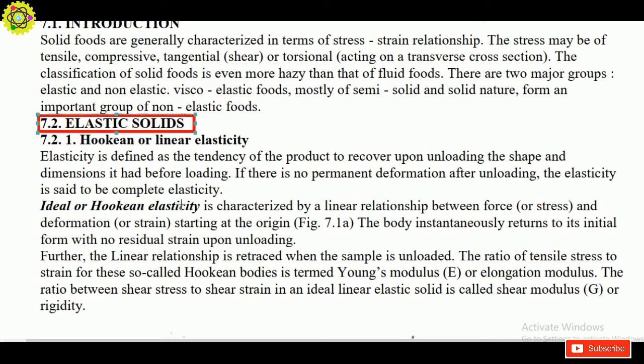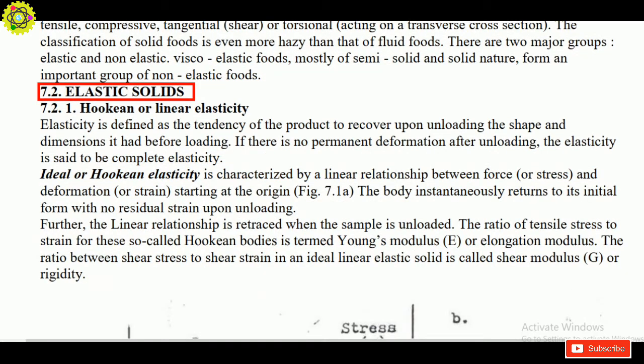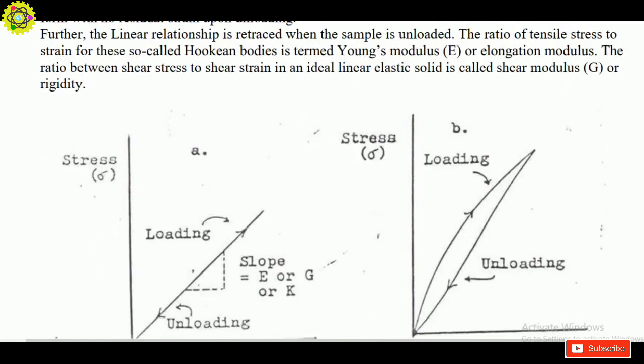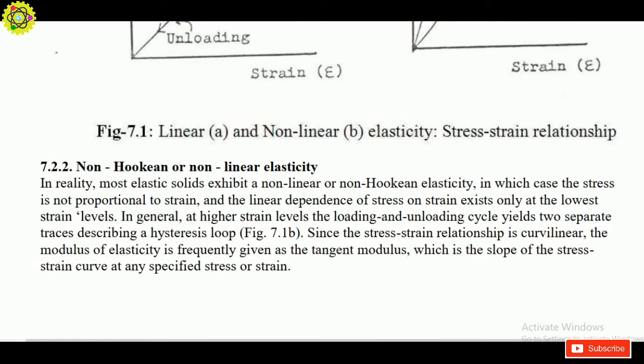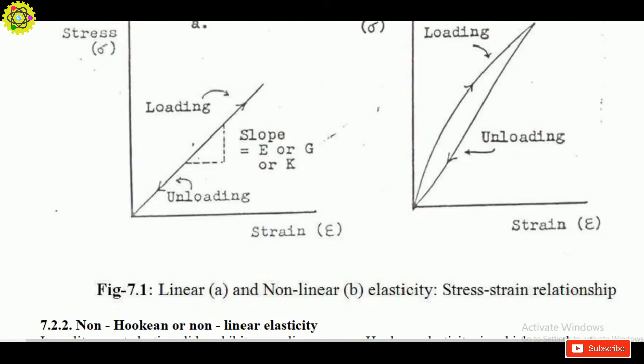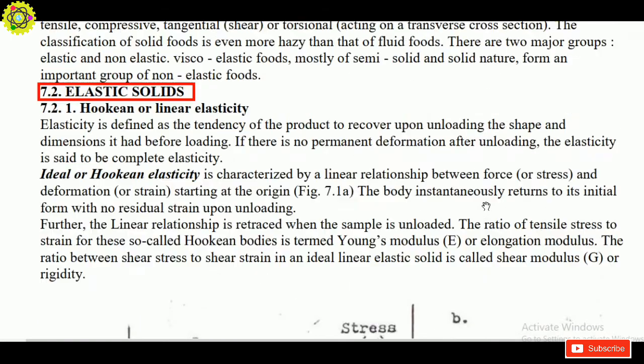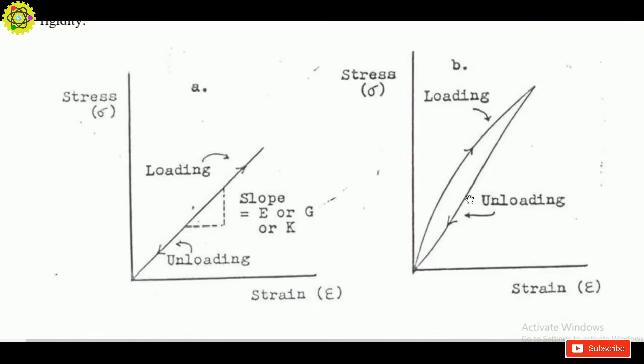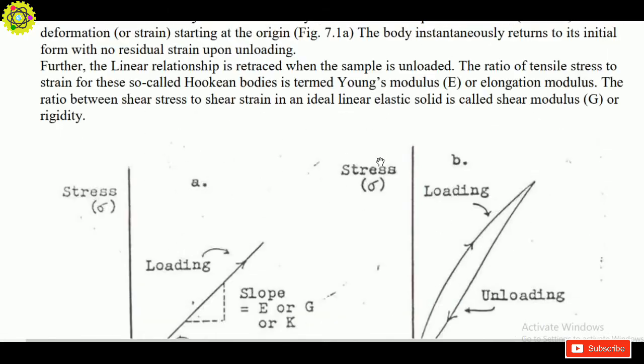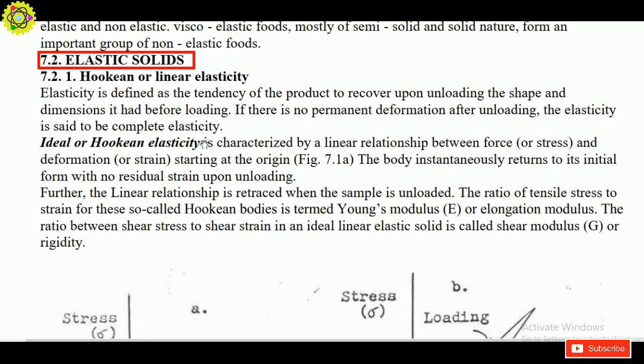There are two types: Hookean or linear elasticity, which is ideal or Hookean elasticity, and further we have non-Hookean or non-linear elasticity. Here this one is linear elasticity and this one is non-linear elasticity. These are the stress-strain diagrams, the relation for those linear and non-linear elastic solids.